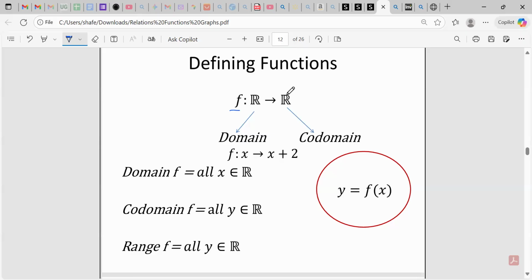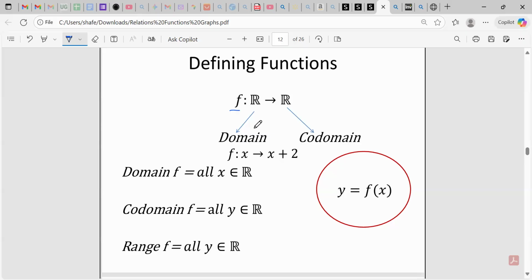You usually don't even realize that when you define a function, you're supposed to spell out what's the domain and what's the codomain. Usually the teacher doesn't tell you anything.